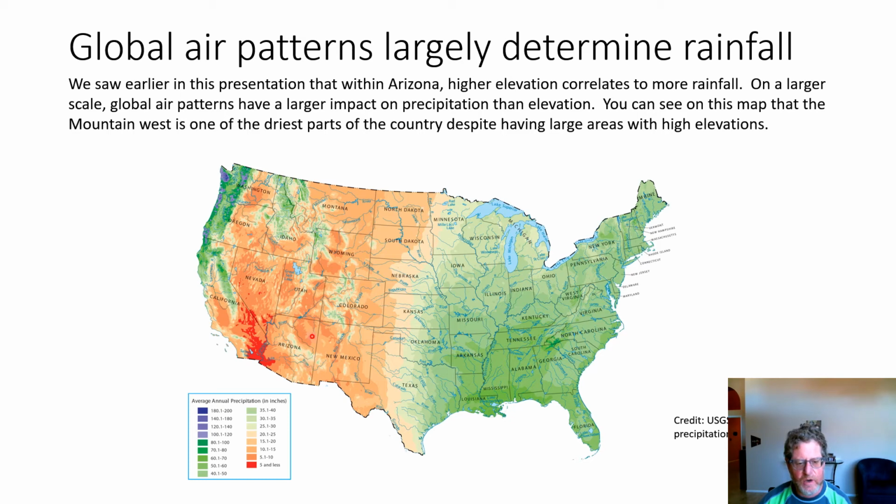It says that's a localized effect, but the greater effect is prevailing global patterns, and those prevailing global patterns make the Pacific Northwest very wet. They make the East Coast and the southeastern United States pretty wet, but the Mountain West is quite dry.